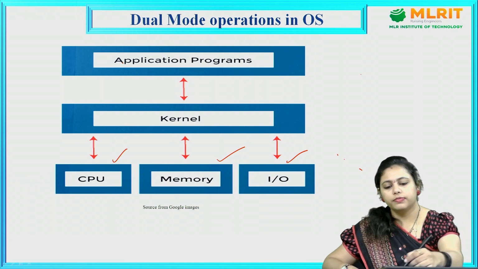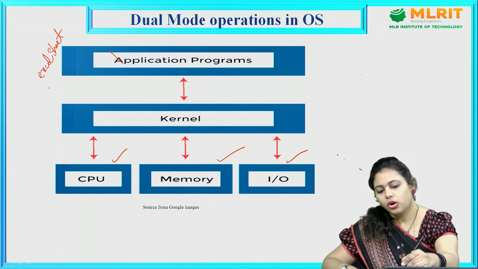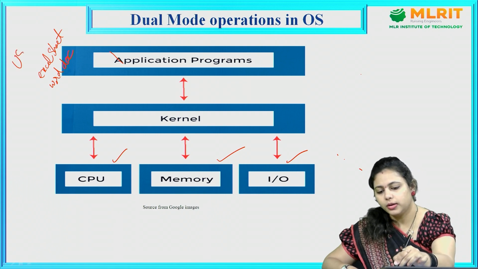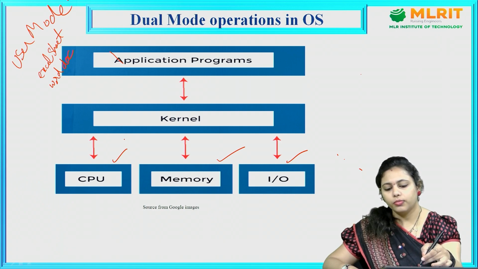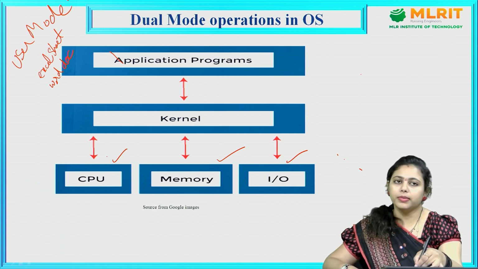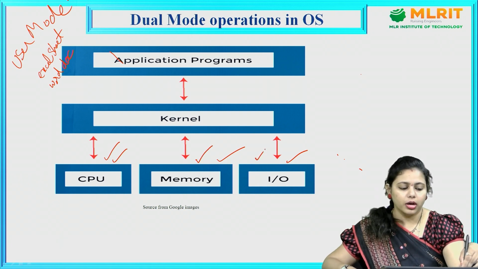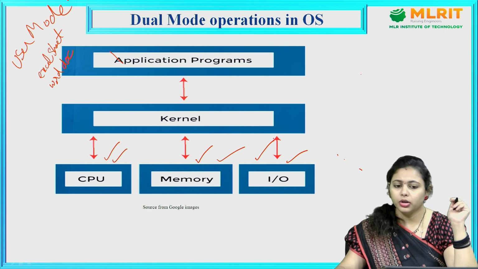If the user is using an Excel sheet or working with a Word document, then the system is in the user mode. When the kernel is activating my CPU scheduling algorithms, allocating the memory or organizing the IO devices, then the system is said to be in the kernel mode. So these are the dual modes we have in our OS.